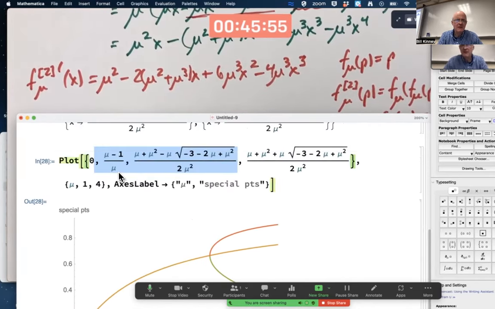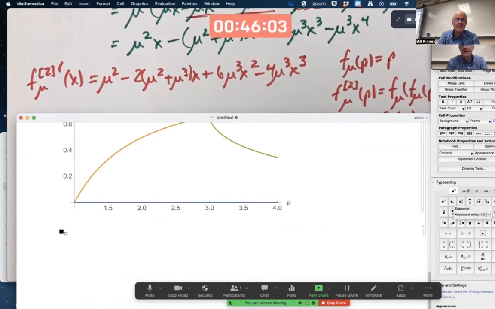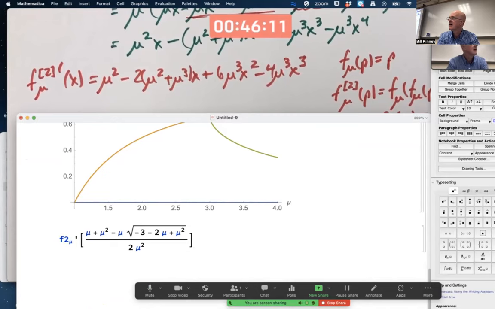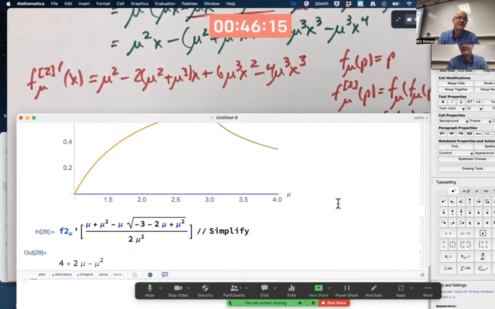So what am I trying to do now? Let's plug in, say, this one into F2 mu prime. Simplify? Hey, it simplifies pretty nicely.